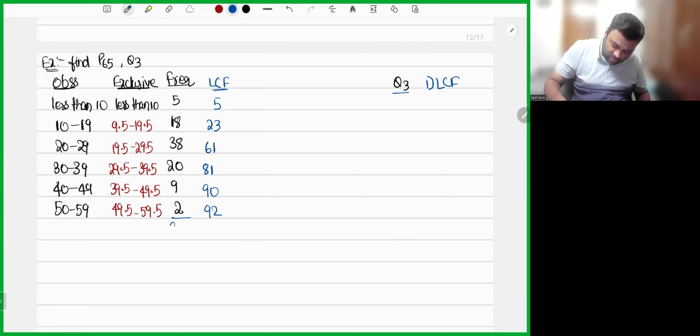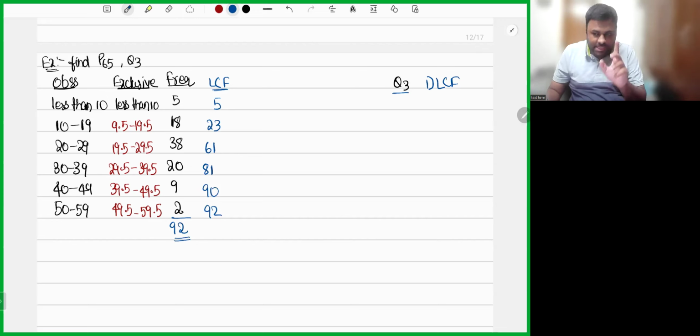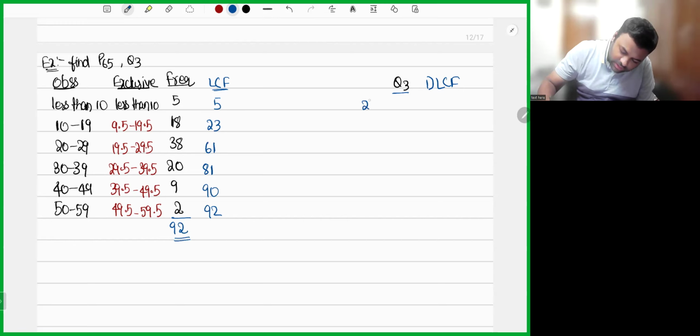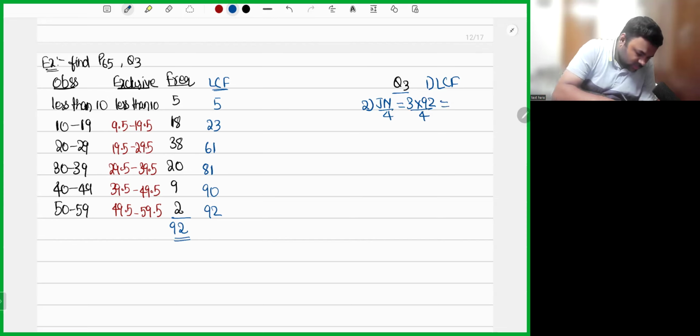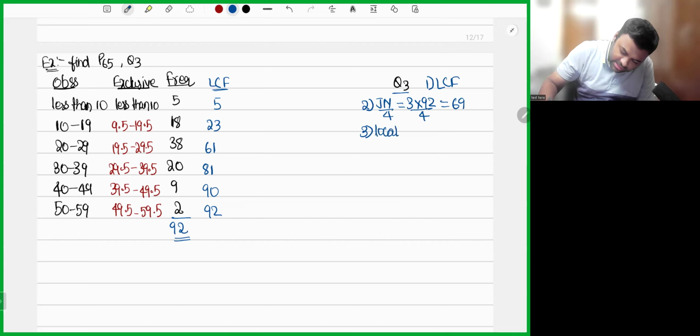Obviously, the sum of frequency will also be 92. So the first step is LCF. What is the second step, my dear friends? For Q3, it is jn by 4: 3 into 92 divided by 4, which is 69. Third, locate it in LCF.